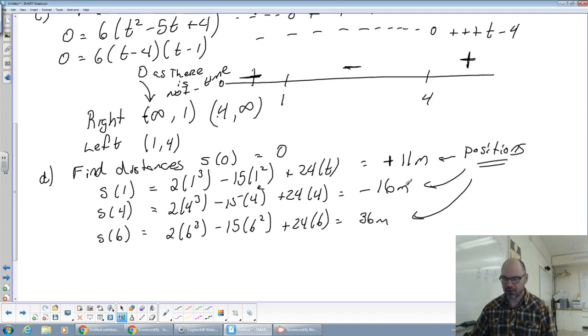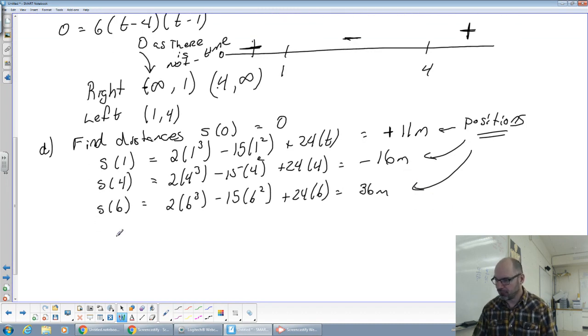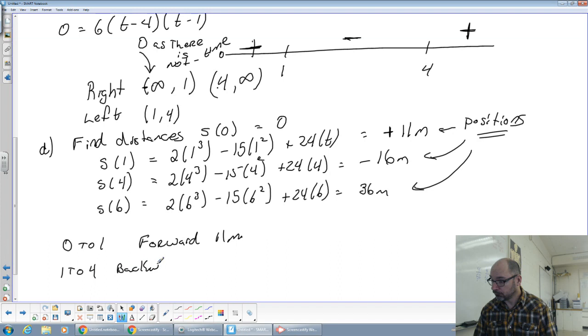Okay, so now when you think about it, what happened? From 0 to 1, you went forward 11. Okay, from 1 to 4, you went backward. Okay, now this is tricky.